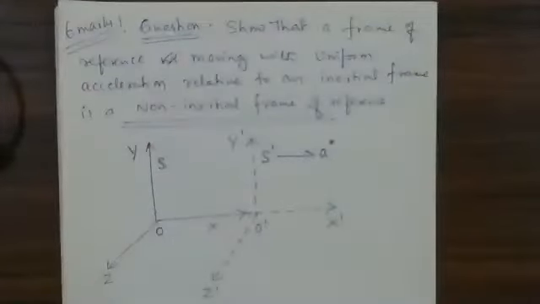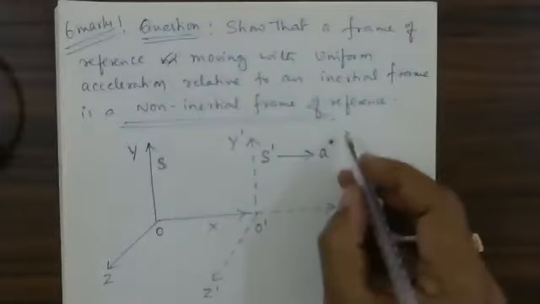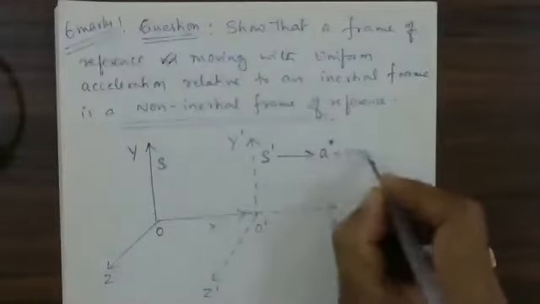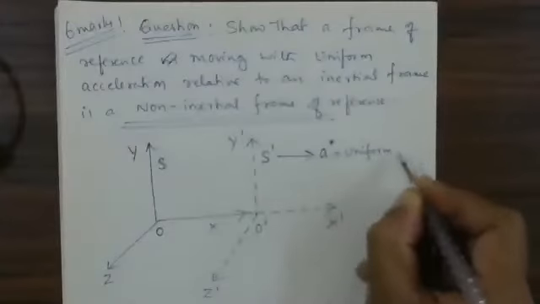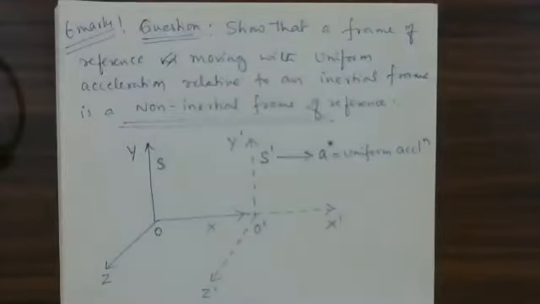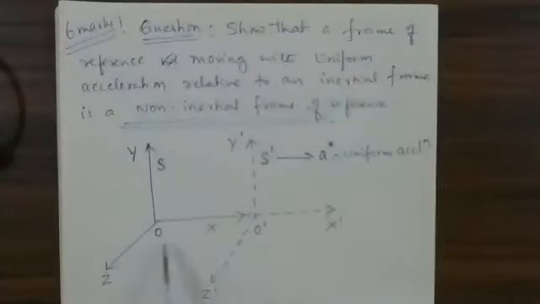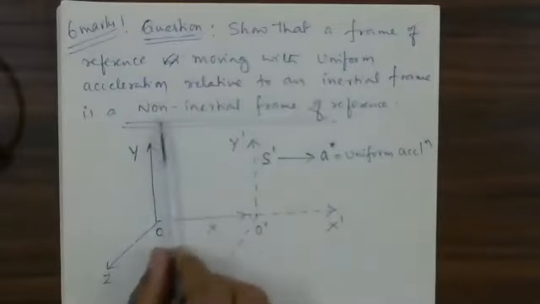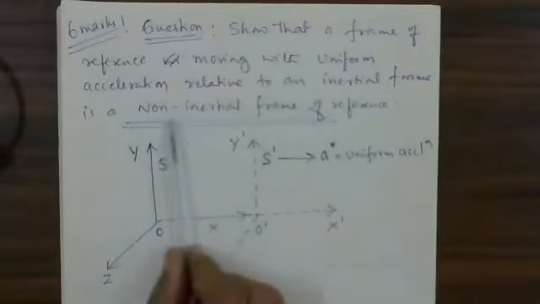A star is a constant, uniform acceleration with which it starts to move. Initially, O and O dash coincide. As time goes on, the S dash frame goes on moving like this.